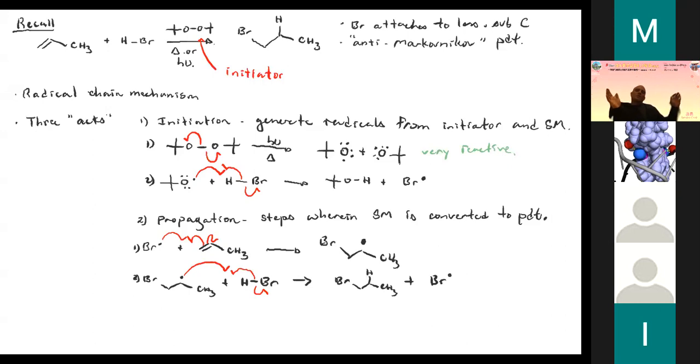And an important point is that the radical that goes in is the radical that comes out in the propagation. So bromine radical goes in, bromine radical comes out.